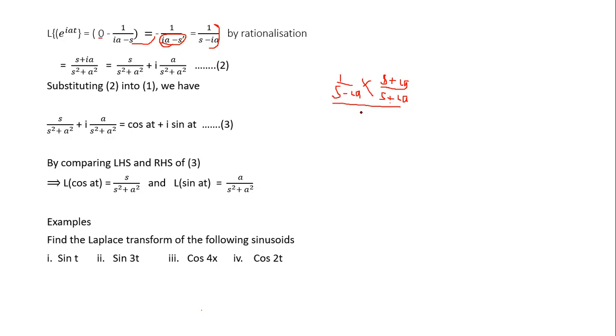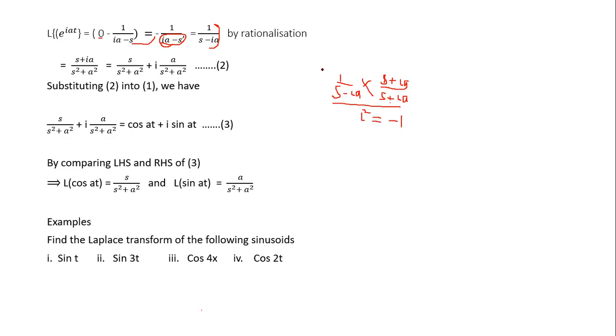But in the complex numbers, i squared is the same as negative 1. So therefore my i squared here will turn this one towards positive. Therefore we are going to have x squared plus a squared.